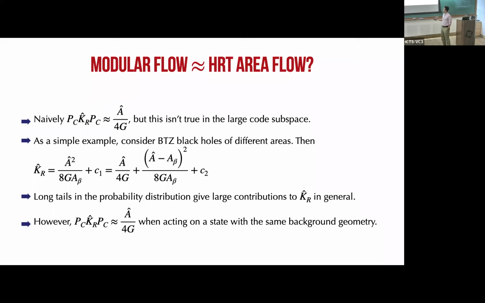The modular Hamiltonian in the thermal state is something we understand well, right? So we can write down the modular Hamiltonian independently, and just using gravity, it's related to the area operator in this form. It's quadratic in the area operator. This is just by relating the ADM energy to the area. So we can write this suggestively as A over 4G plus some piece which looks like it's quadratic in A, but it's peaked at the right value.